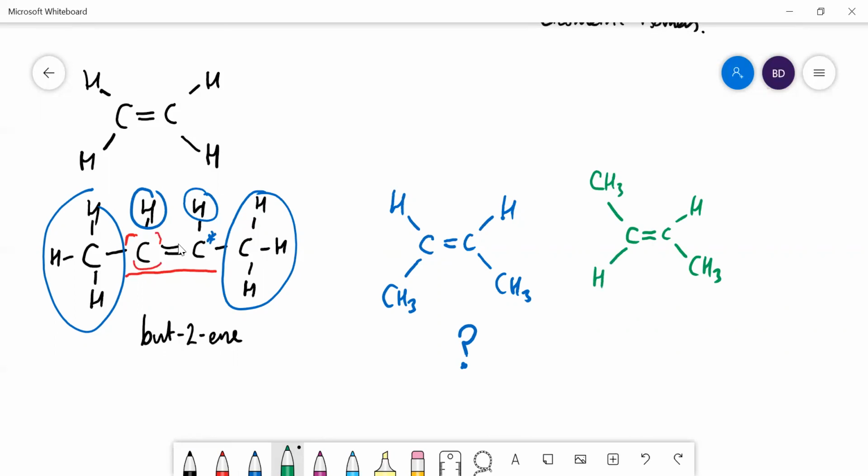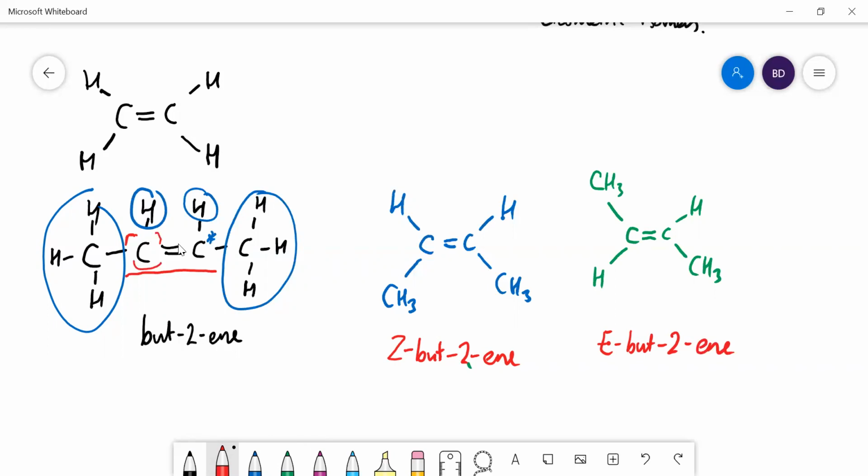Don't forget, this is a flat structure, really. All the bond angles around every carbon is 120. So you can see, in this one, we have got the two methyl groups on the same side. So this is Z-but-2-ene, and this one is E-but-2-ene, and they are different isomers of each other.